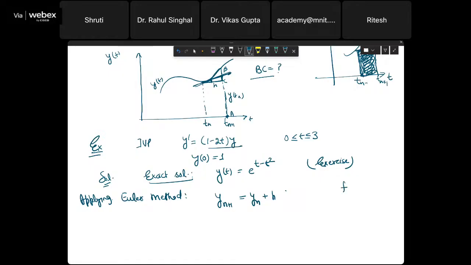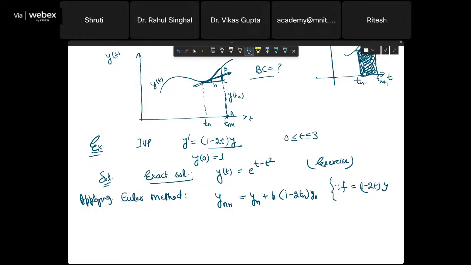What is f here? f is 1 minus 2t into y. At the Tn point, I can write it as 1 minus 2Tn yn. This is the approximate solution obtained with the help of the Euler method.